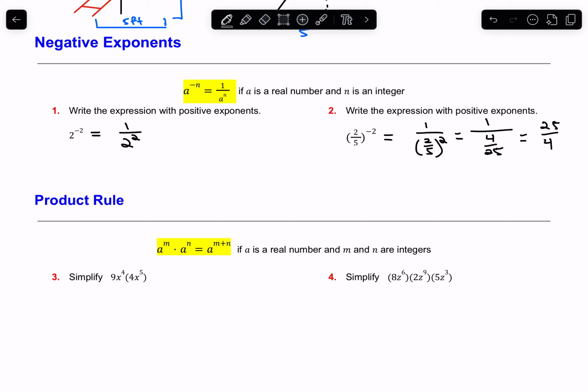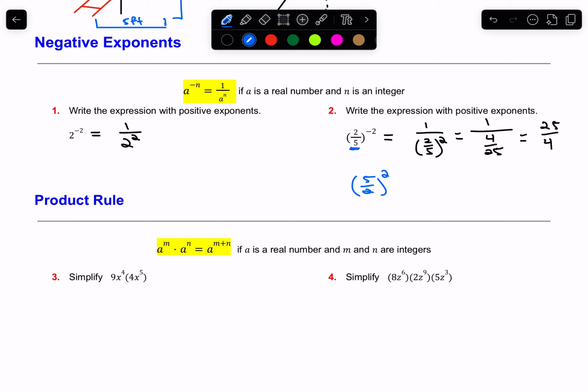What I want you to notice here is that 25 over 4, hey, we ended up flipping the 2/5 upside down. So there's actually an easier thing we could have done here. When you have fractions inside, you can actually just flip the fraction upside down to make the exponent positive. So 2 over 5 to the power negative 2 is equivalent to 5 over 2 to the positive 2.